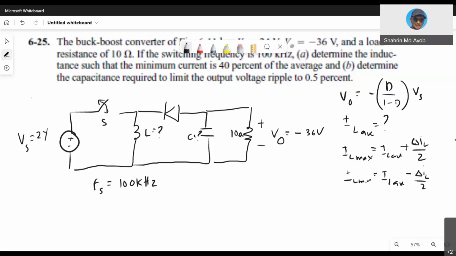So first, find delta IL. What is your delta IL? After you obtain delta IL, what is your IL average?